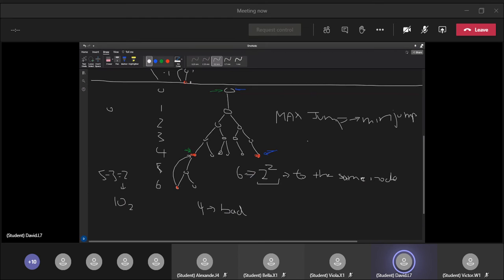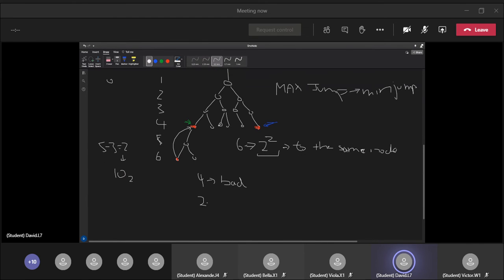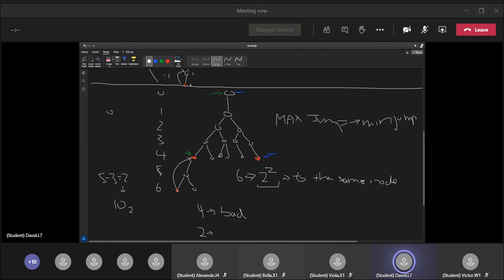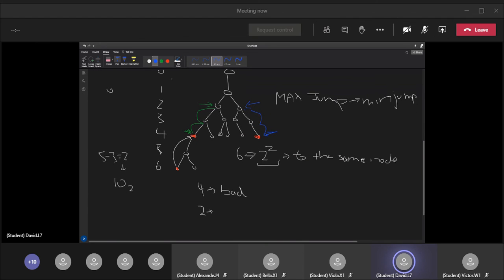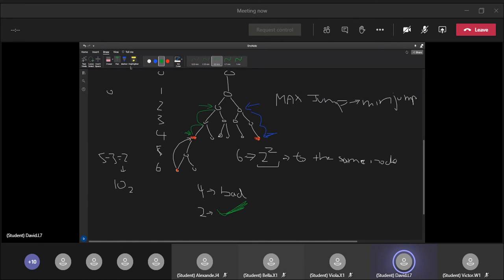So our next jump size is a jump of size 2. Where would a jump of size 2 bring our nodes? Well, this green node would go up 1, 2, and we would get here. The blue node would go up 1, 2, and then we would get here. And these nodes are different, right? They're different nodes. So this is a good jump. We can make this jump.